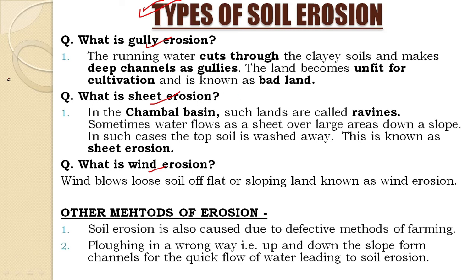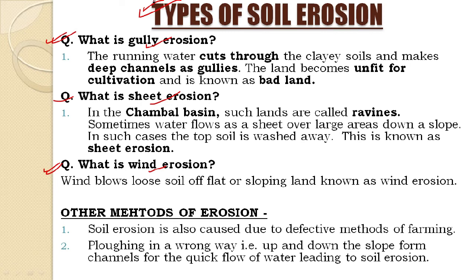So basically these are types of soil erosion. Students, number one is gully erosion, second is sheet erosion, and third is wind erosion. Clear? So these are types of soil erosion. What we are learning in this topic is soil erosion and the types of soil erosion.